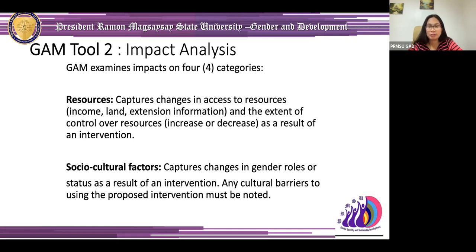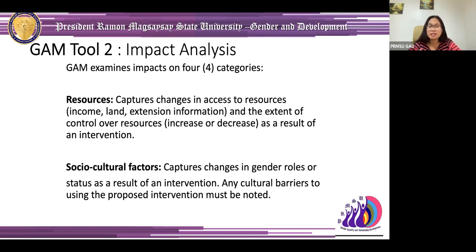Halimbawa, nag-introduce kayo ng technology. How many of the community members are able to access the technology? Ilang mga babae at mga lalaki ang nakakapag-access po ng technology? And sino yung nagde-decide kung kanino nila ipapagamit yung technology that you introduced? So, meron ding impact analysis on the resources.